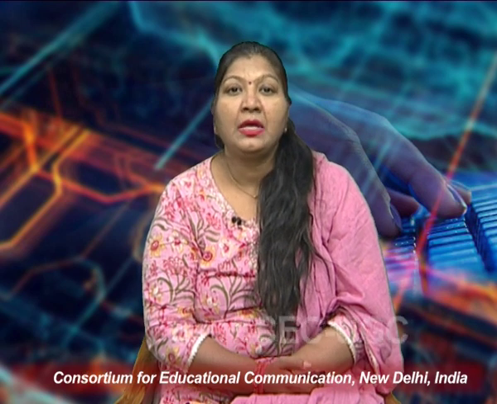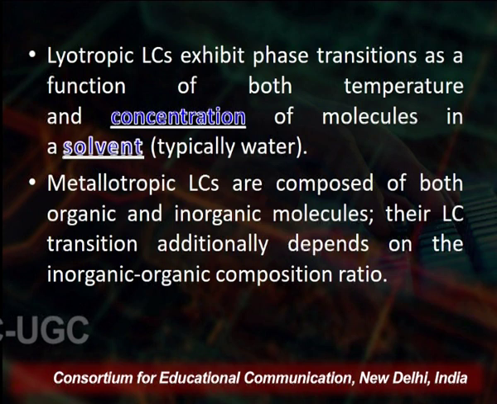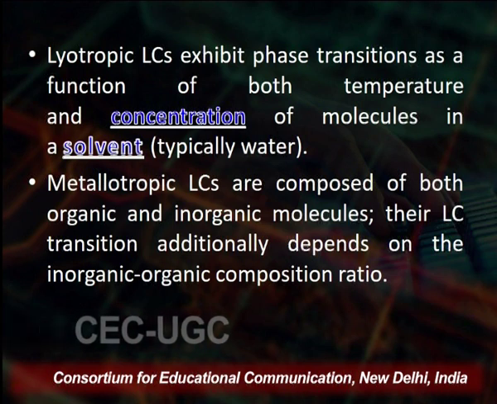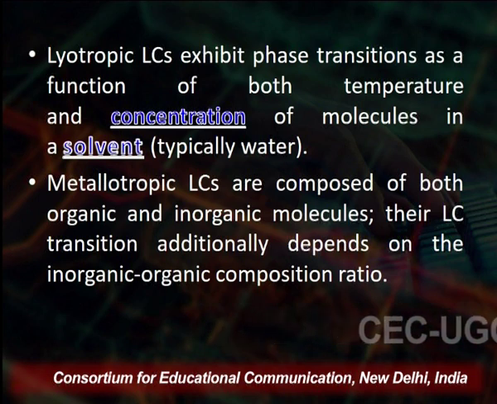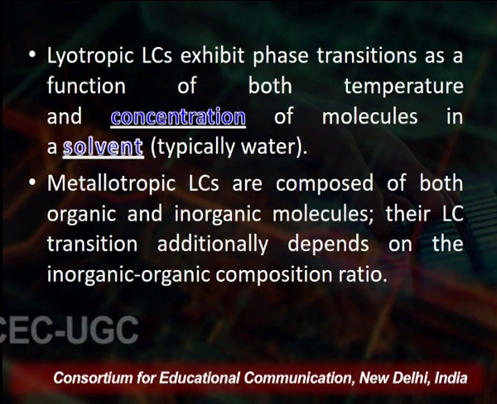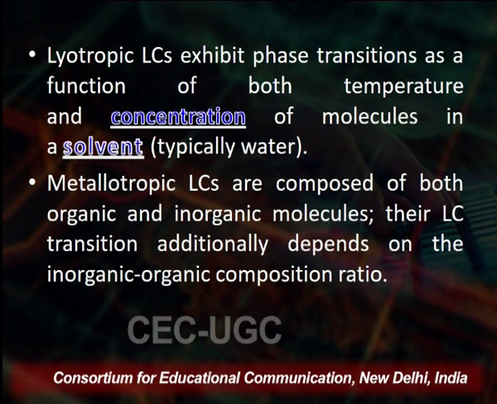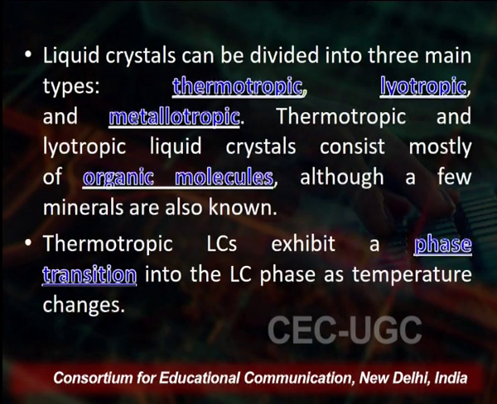But the other two, the lyotropic and the metallotropic: the lyotropic LC exhibits a phase transition as a function of both the temperature and the concentration of the molecules in the solvent. So how is it different from the thermotropic?